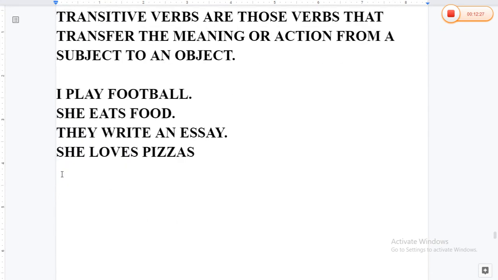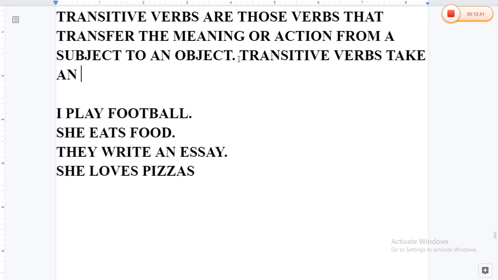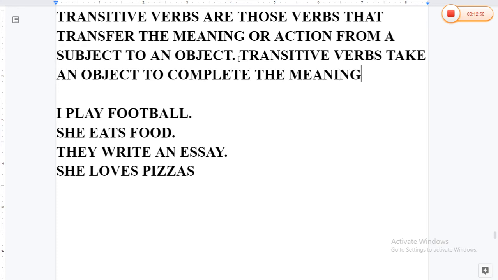So transitive verbs are those verbs that transfer the action from subject to an object, which means transitive verbs take an object to complete the meaning.